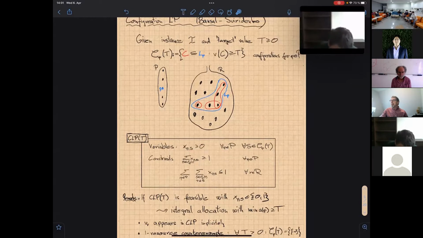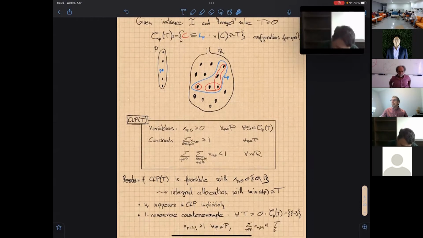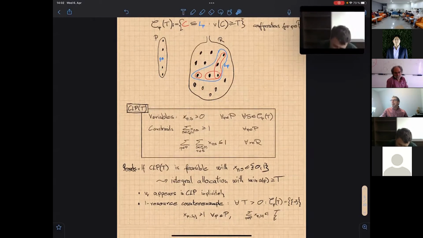And there will be a constraint for every player, namely that if you sum up these variables for all the configurations, you should get at least 1. Every child should be satisfied, and for every resource, if you sum up all the configuration variables, you should not get more than 1, so you don't use any resource more than once.